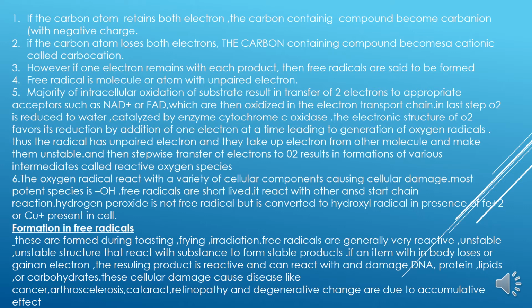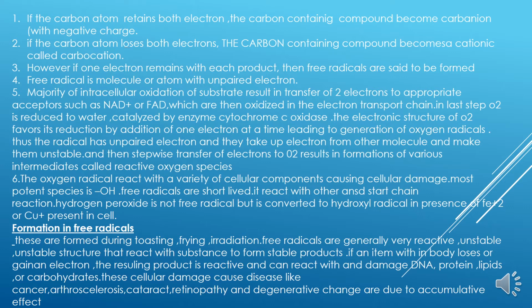These radicals have an unpaired electron, and they take up an electron from another molecule, making it unstable. The stepwise transfer of electrons to oxygen results in the formation of various intermediates called reactive oxygen species. The oxygen radical reacts with a variety of cellular components causing cellular damage.